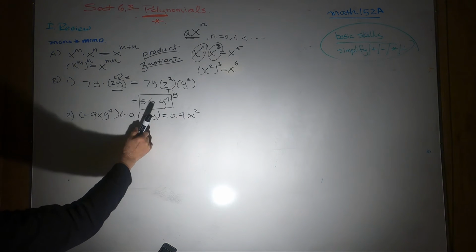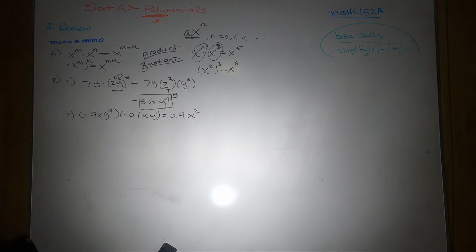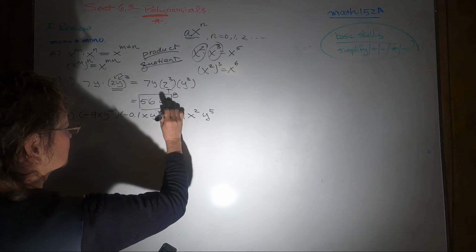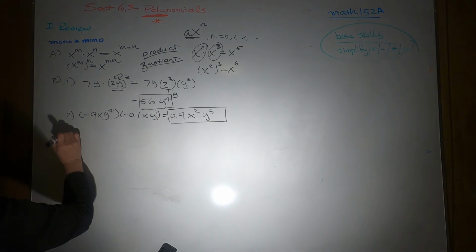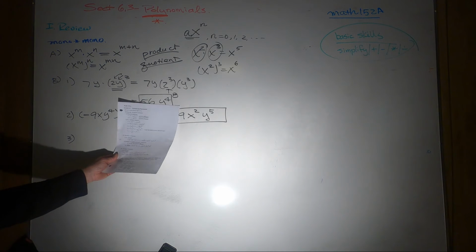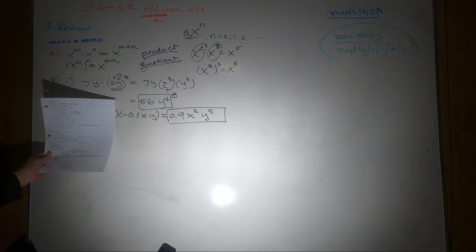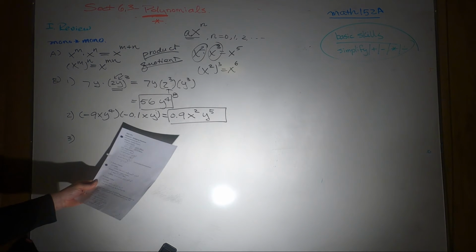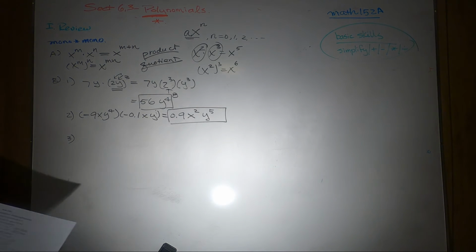Y to the fourth and an invisible 1 here. How many y's? 5 of them. Shorthand writing, so you write it this way. Right? So what are we doing? Monomial times a monomial. One term times one term is still one term.